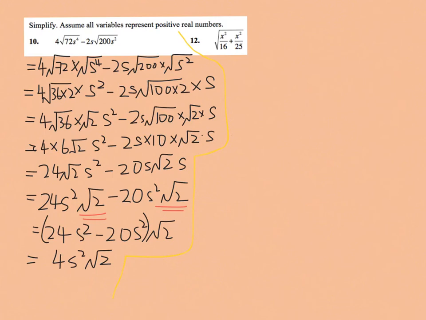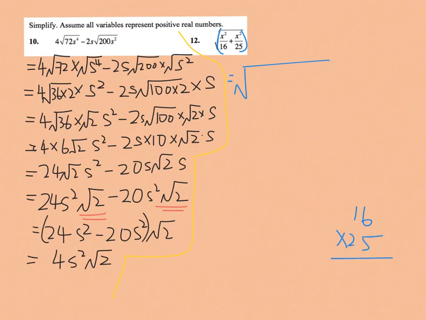So for number 12, you have to first simplify whatever is under the radical sign. There's like brackets around that you have to simplify first. So x squared over 16 plus x squared over 25, you have to find a common denominator. And because they are perfect squares, one easy way is to just think about 16 times 25. What do you end up with?